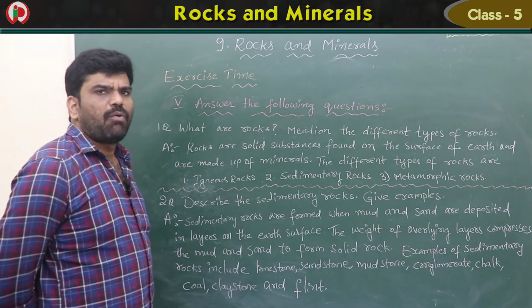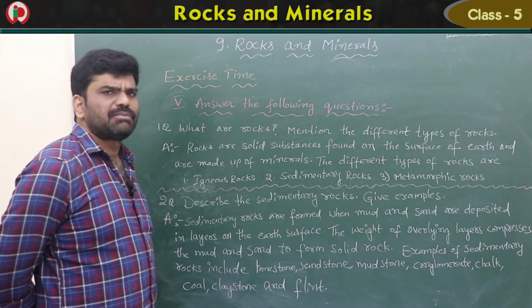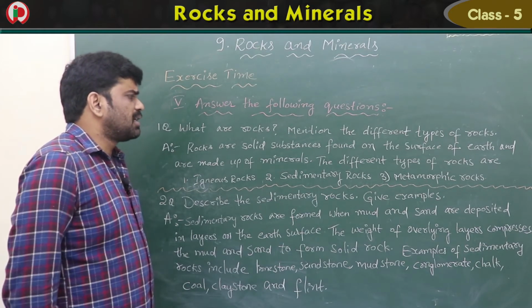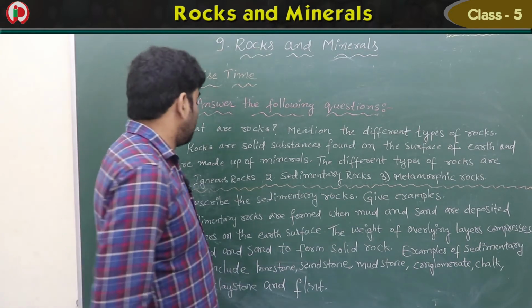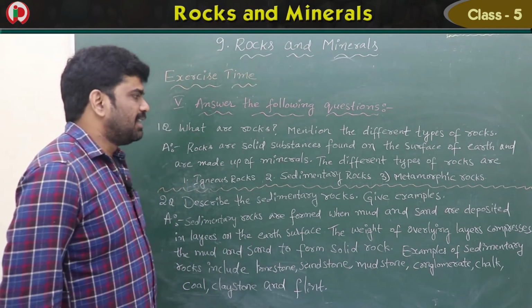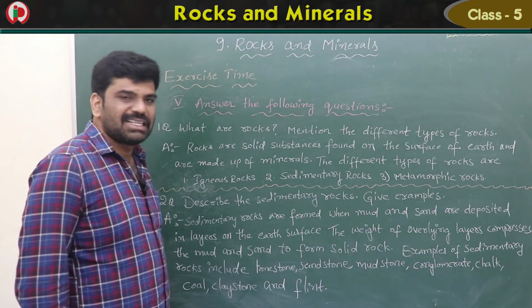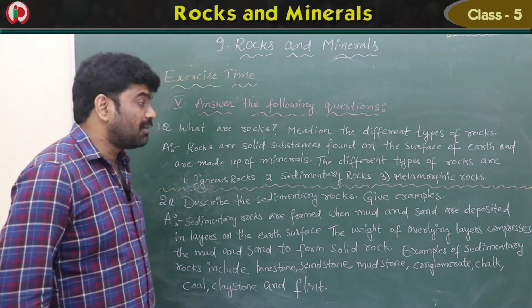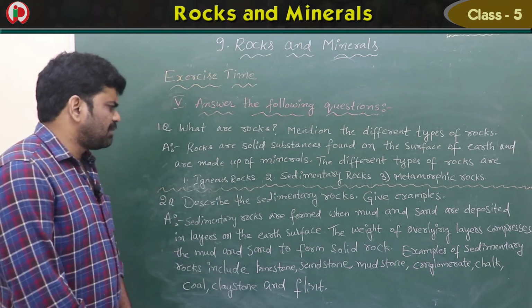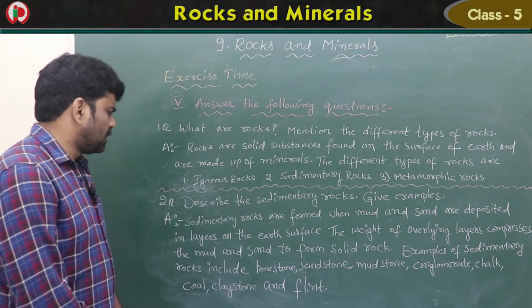First question, what are rocks? Mention the different types of rocks. Rocks are solid substances found on the surface of earth and are made up of minerals. The different types of rocks are igneous rocks, sedimentary rocks and metamorphic rocks. Second question, describe the sedimentary rocks, give examples.